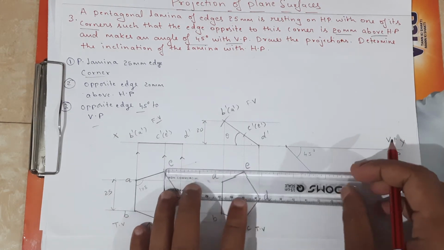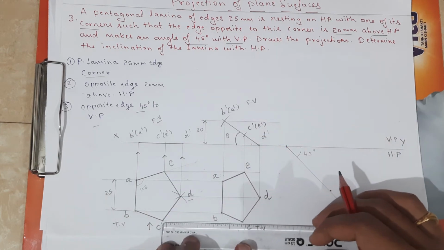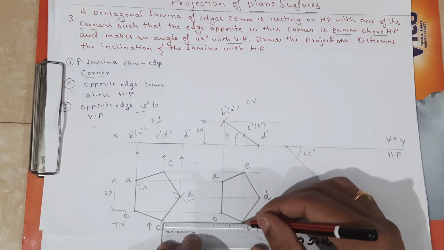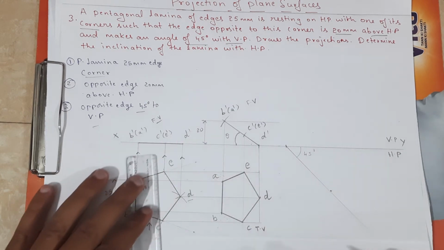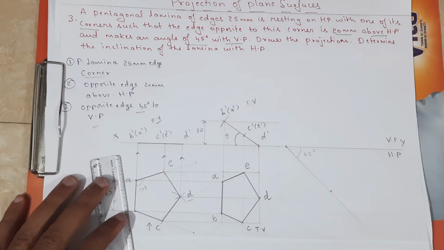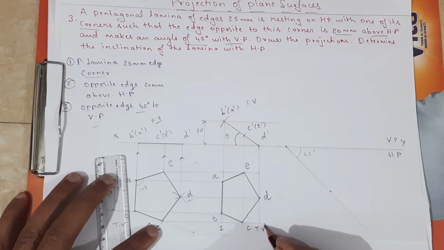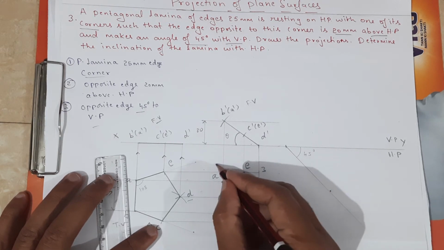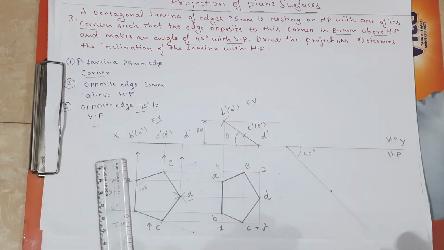So what I am going to do is enclose this pentagon inside a reference box. Why? Because it will be very easy for me to transfer the box. Then I can transfer the pentagon. Okay, I am going to name this as 1, 2, 3 and 4. This is a reference box because it will be easy for me to do the constructions.